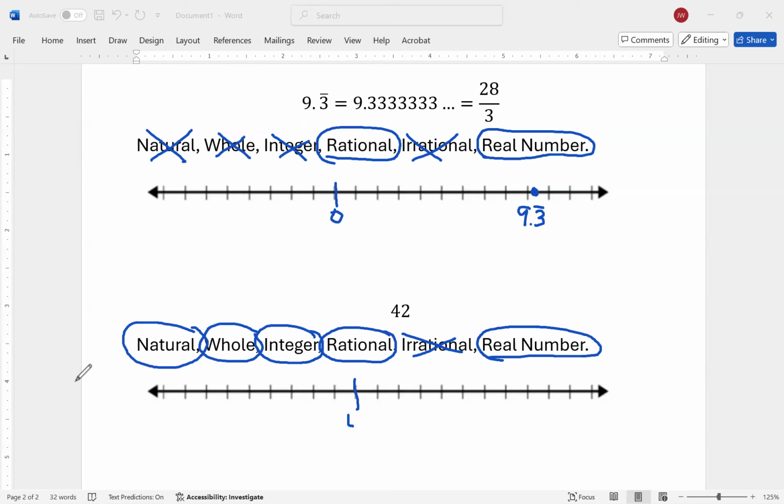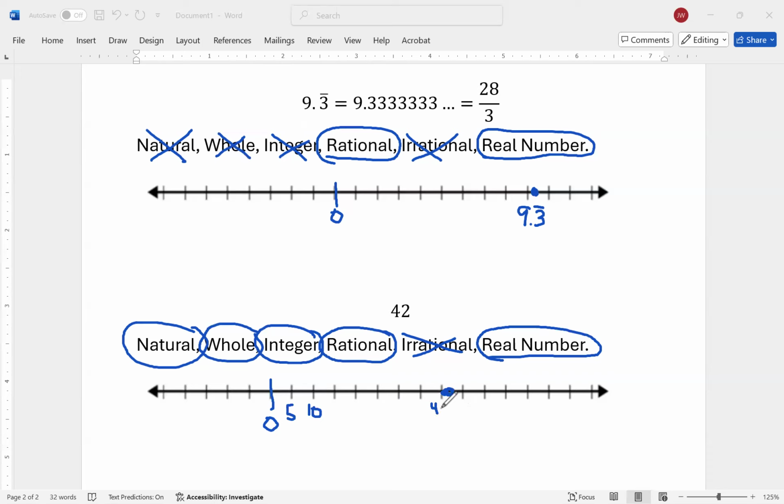Another way to graph is to do a trick where I put, for instance, the 0 here, and then each tick mark is 5 units. So we go 5, 10, 15, 20, 25, 30, 35, 40. And then 42 would be a little bit over 40.